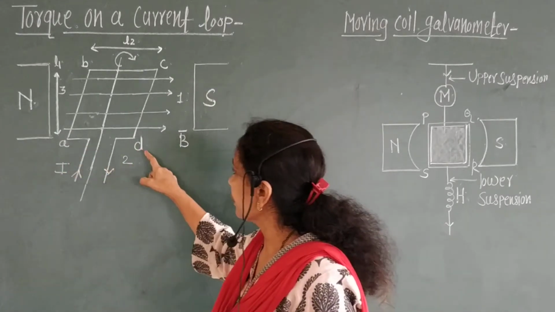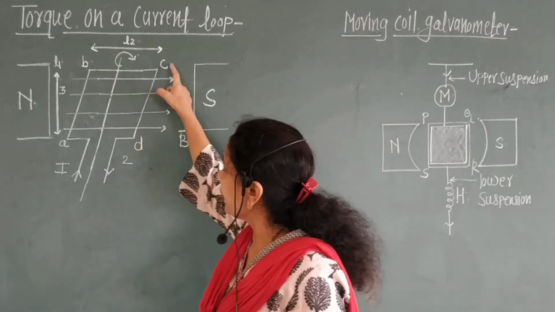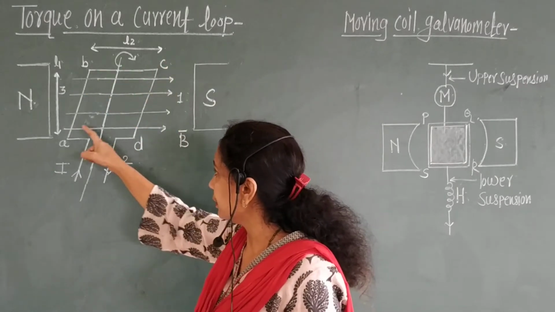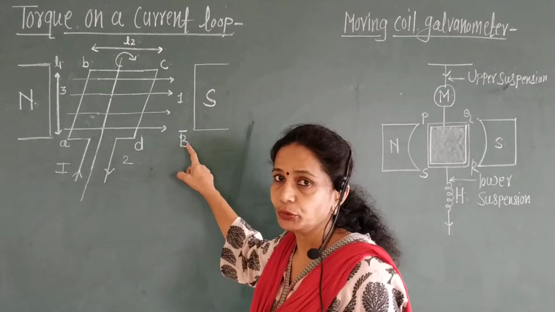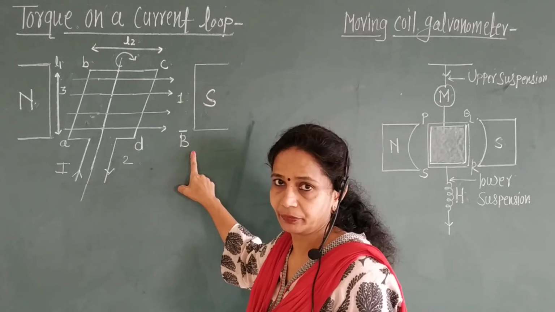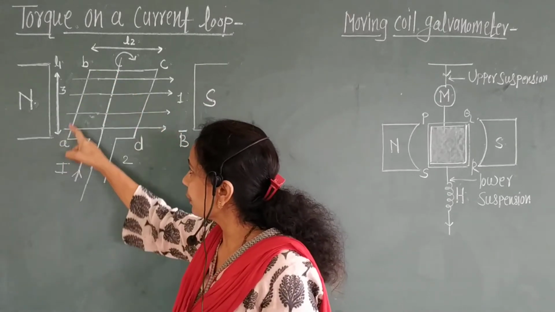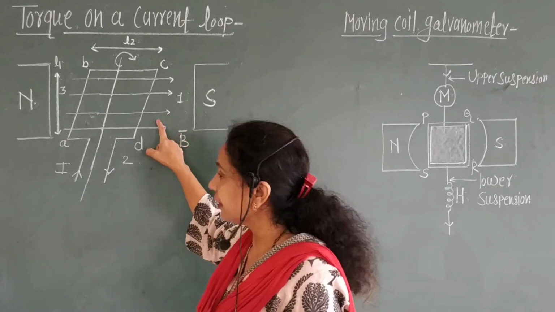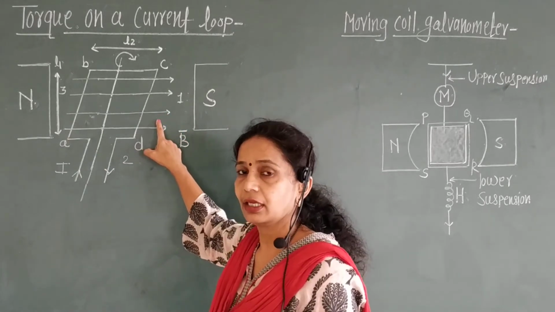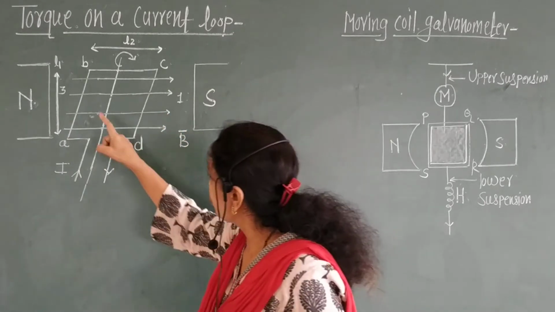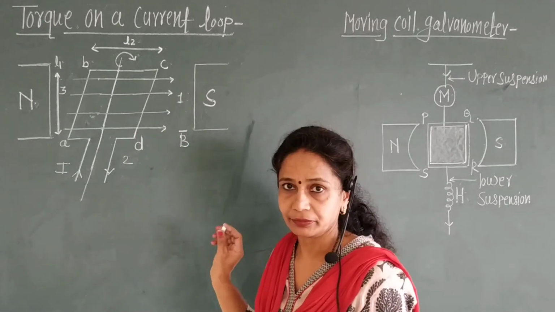The sides AD and BC are parallel to the uniform magnetic field, but the sides AB and DC are perpendicular to the magnetic field.